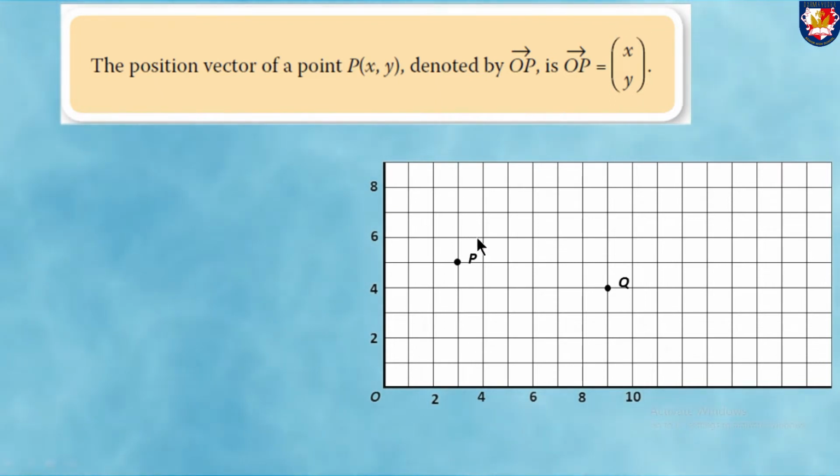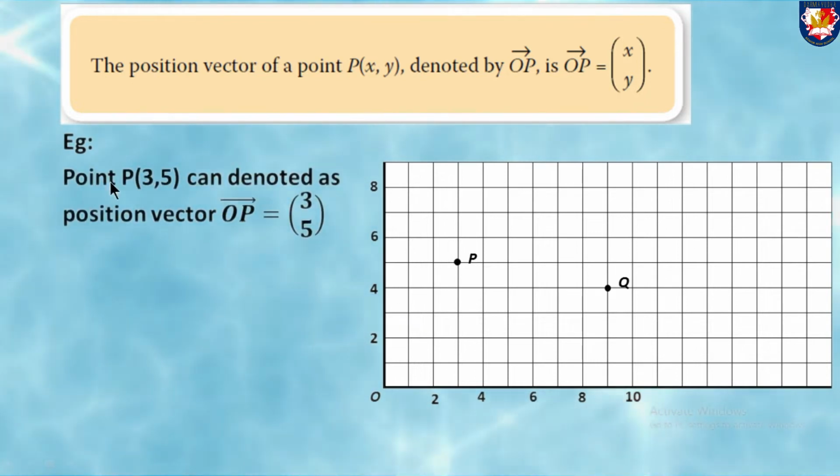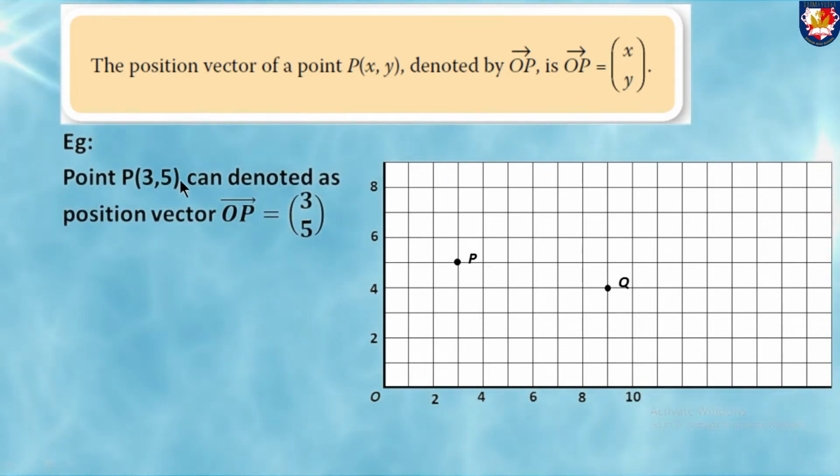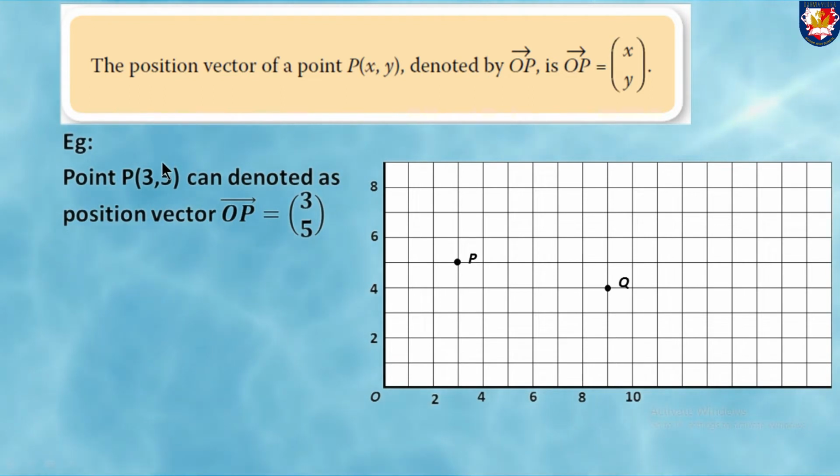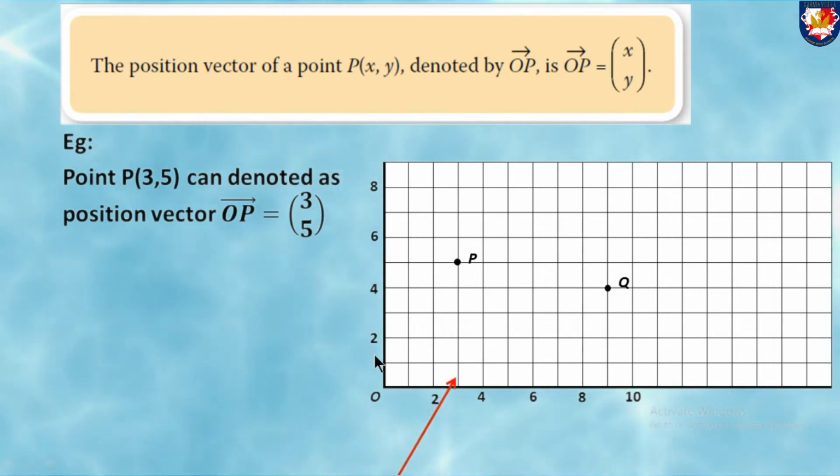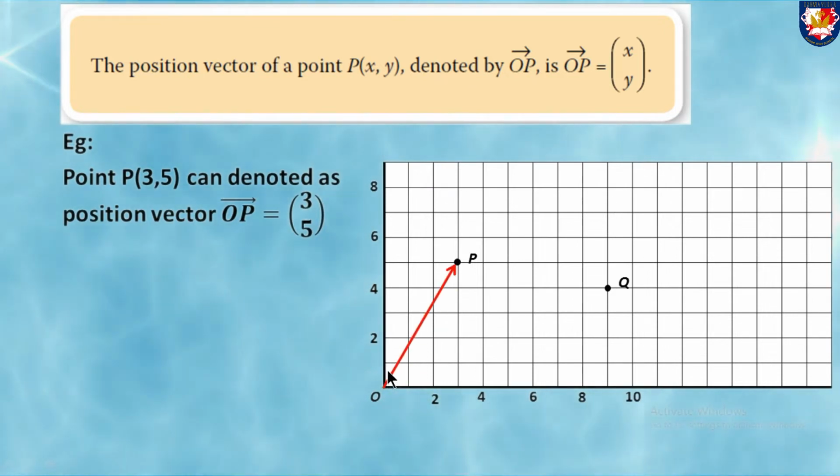For example, point P is 3, 5 in Cartesian coordinates, and can be denoted as position vector OP, 3 and 5.